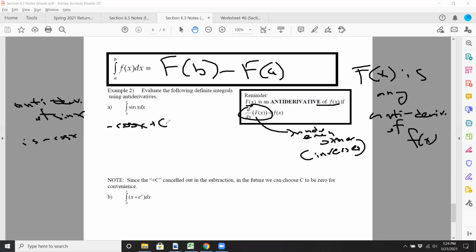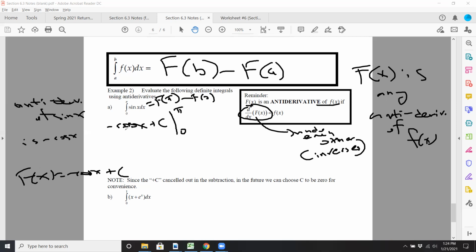And then sometimes we put this little vertical line and put the limits of integration like that. But we could write this as capital F of pi minus capital F of 0, where again, capital F of x is negative cos x plus c. That's the antiderivative of sine x.